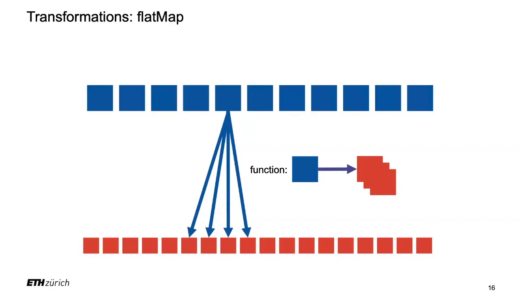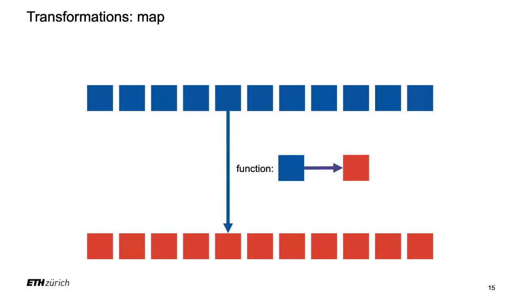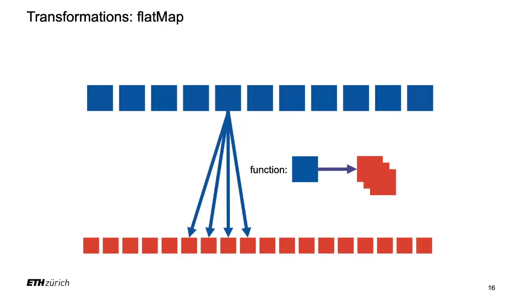So flat map is the way to go if you want to simulate MapReduce or execute something like MapReduce on top of Spark. You should use the flat map transformation for your mapping phase, okay? And even though it's called map, this one is different because it forces you to map each value to one value. Okay.